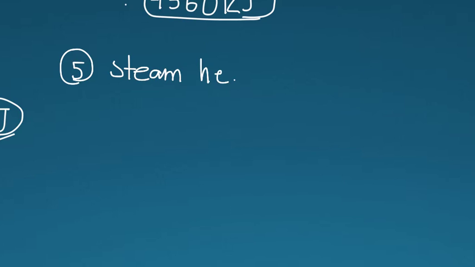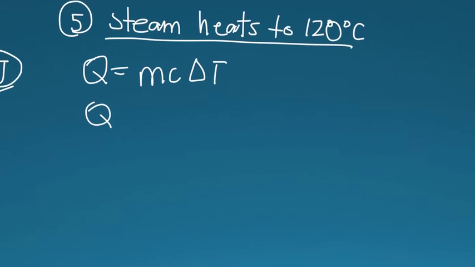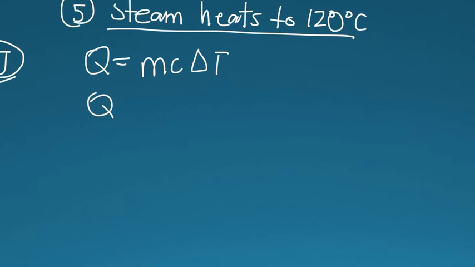So the steam heats to 120 degrees Celsius. So, as always, formulas: Q equals mc delta T, knowns and unknowns. Mass still hasn't changed.